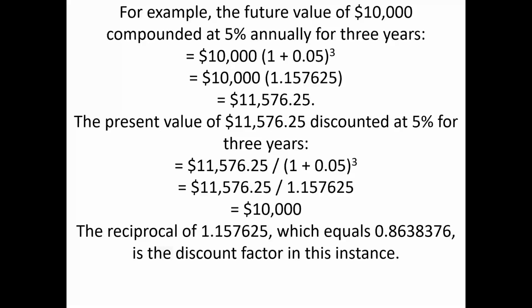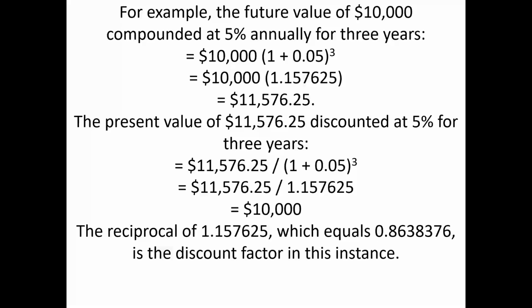That is 10,000 of 1 plus 5%, that is 5 by 100, so it gives 0.05, and since it is 3 years, we have given the whole thing to the power 3. So 10,000 into (1 plus 0.05) whole thing cubed, we will get 1.157625. So it will give you 11,576.25 dollars.